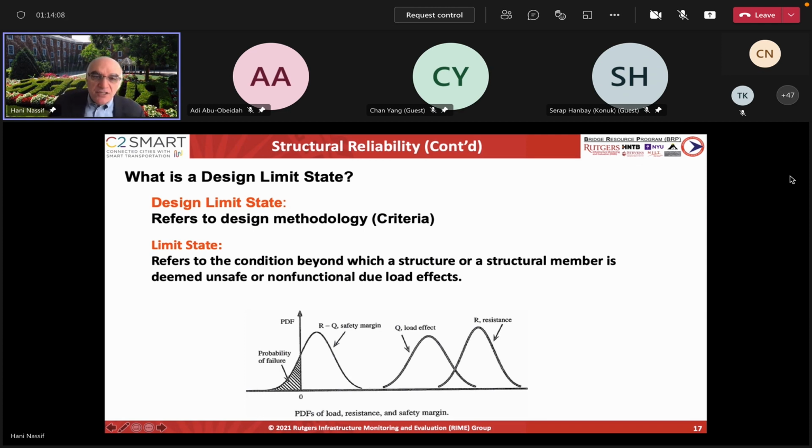If you take that function, let's call it G, equal to R minus Q, and you plot it again, you will see that sometimes the loads are above the resistance. That is this shaded area here. If you take the integral of this function from minus infinity up to about 0, that is the area under the curve, and that's what we call the probability of failure.